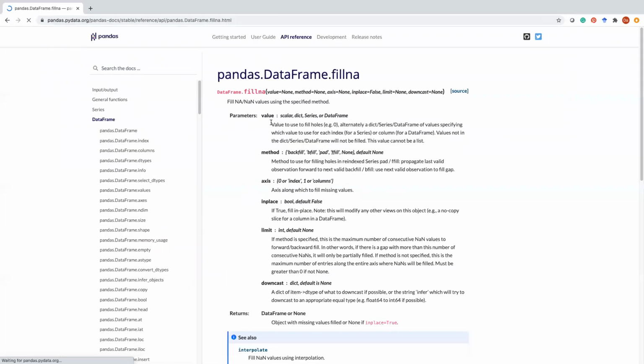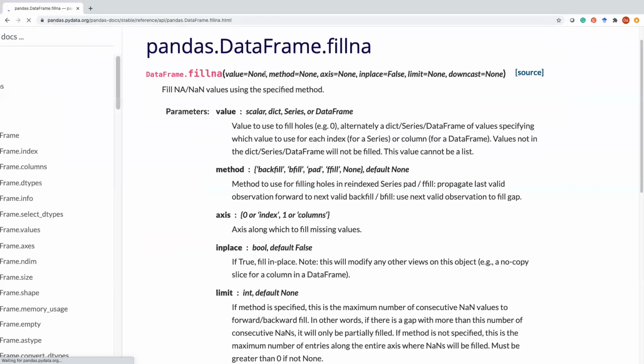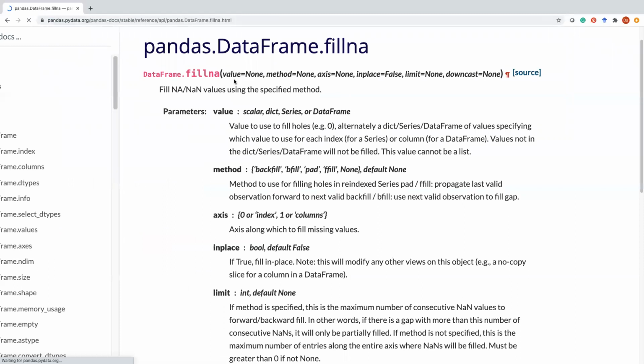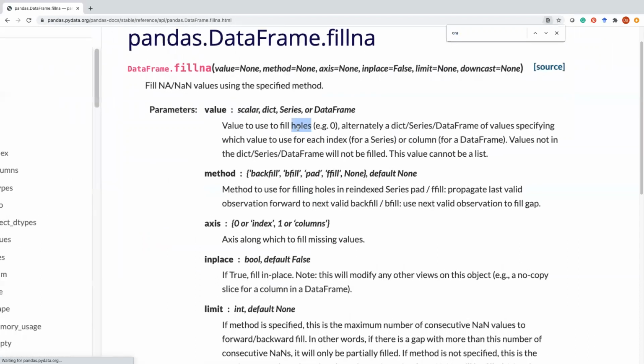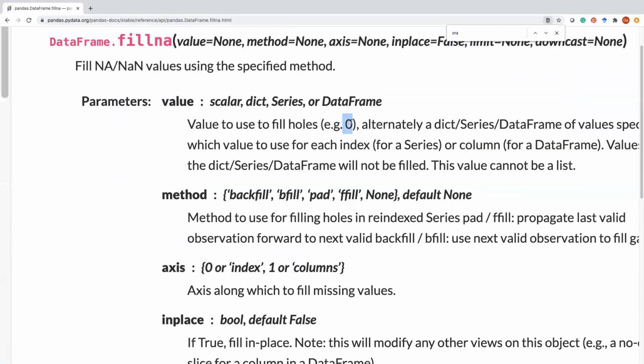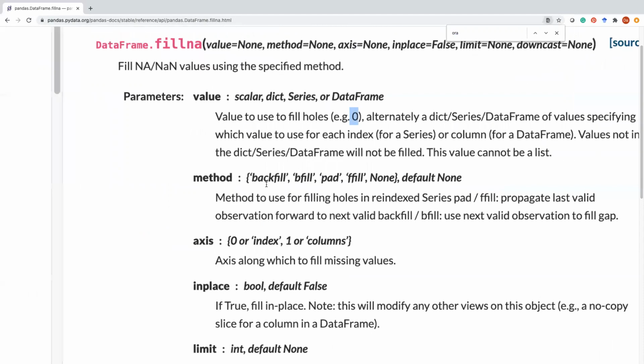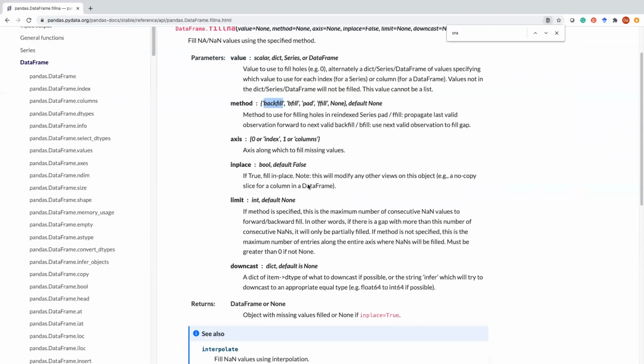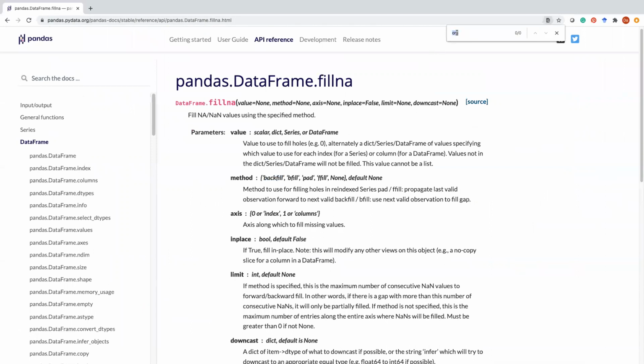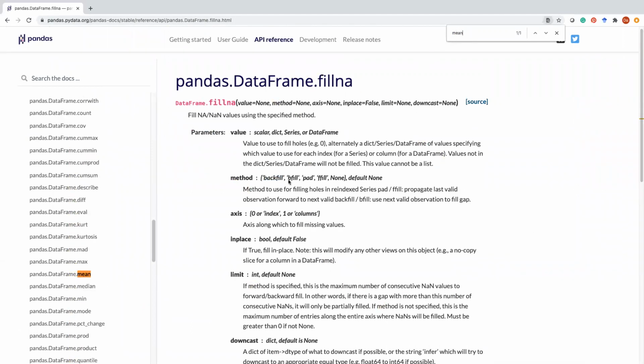Okay, so this is how you say for which column we want to fill which values. Some of those question marks you can call holes. You can fill 0, and there are different ways of filling, like backfill, pad, etc. If you want, you can do some study, but there's also a mean, I think.